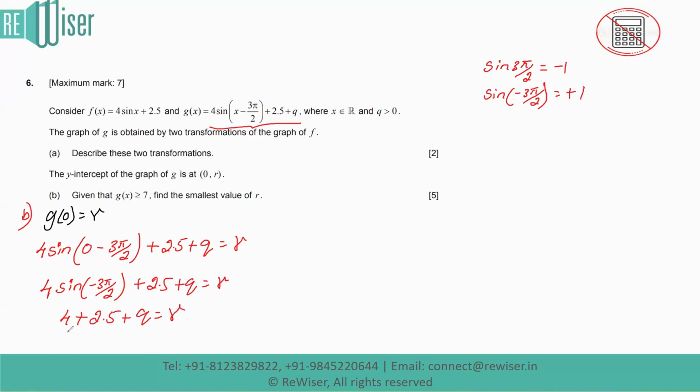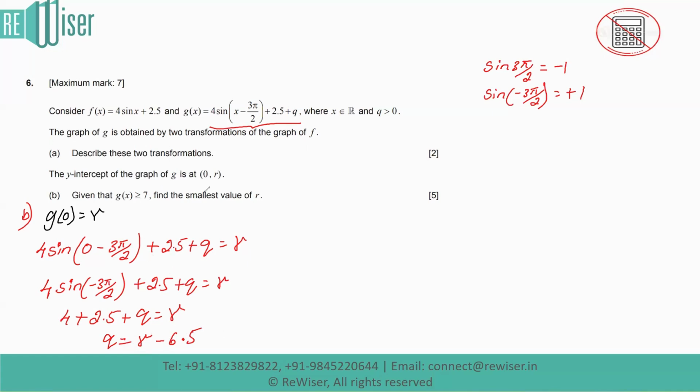So q is nothing but r minus 6.5. This is what we have: q in terms of r.